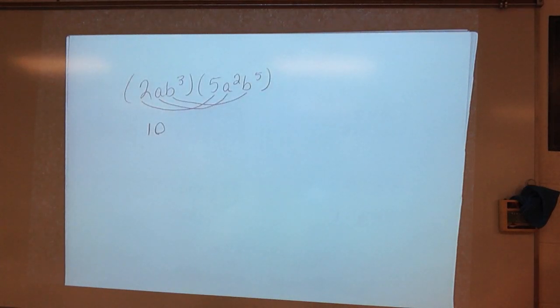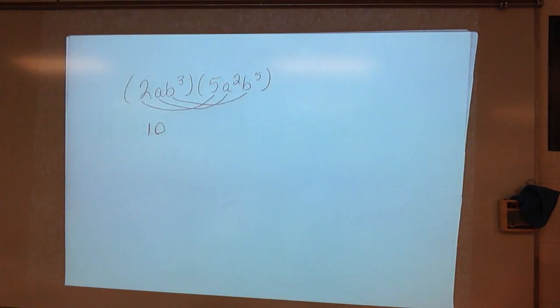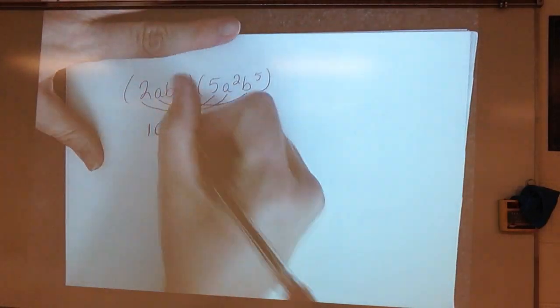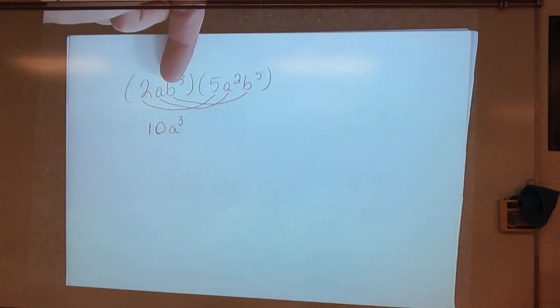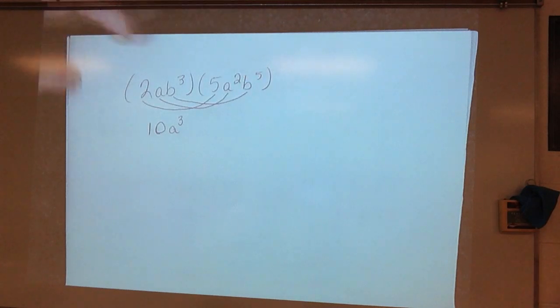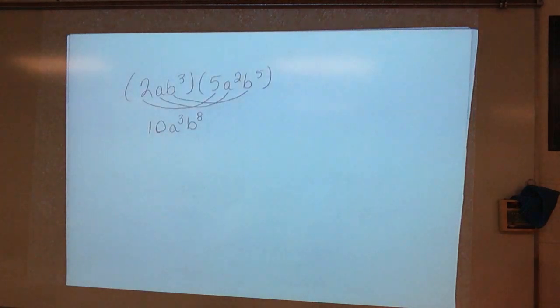This is property number 1. When I am multiplying like bases, then I add my exponents. So I have 1 a here and I have 2 a's here. So 1 plus 2 is 3. When I have b to the 3rd and b to the 5th, 3 plus 5 is 8. So that is your simplified answer.